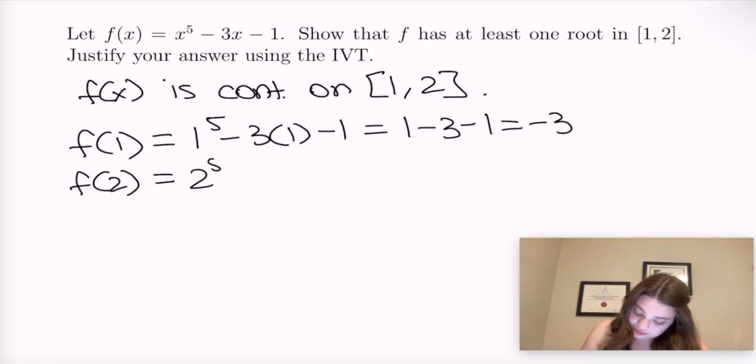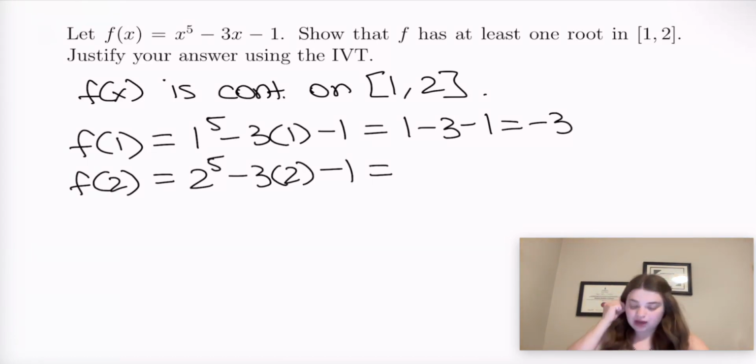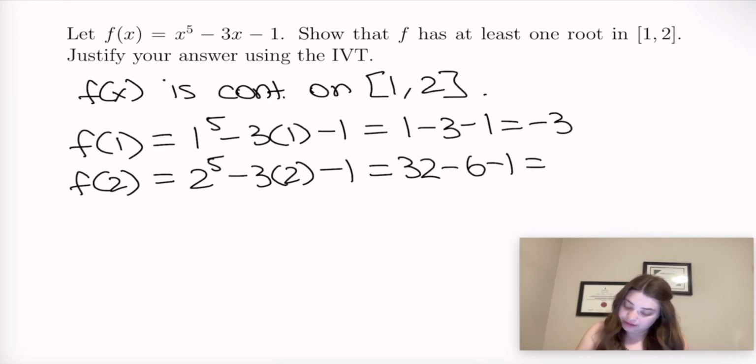And then we're going to have 2 to the power 5 minus 3 times 2 minus 1, which, let's see, 2 to the power 5, well, that'd be 32. So 32 minus 6 minus 1, which is going to be 25.